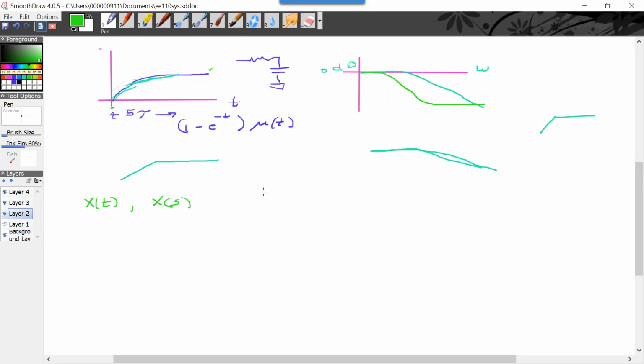So if I multiply this times S, and take the limit as S goes to infinity, we get X at time equals 0.